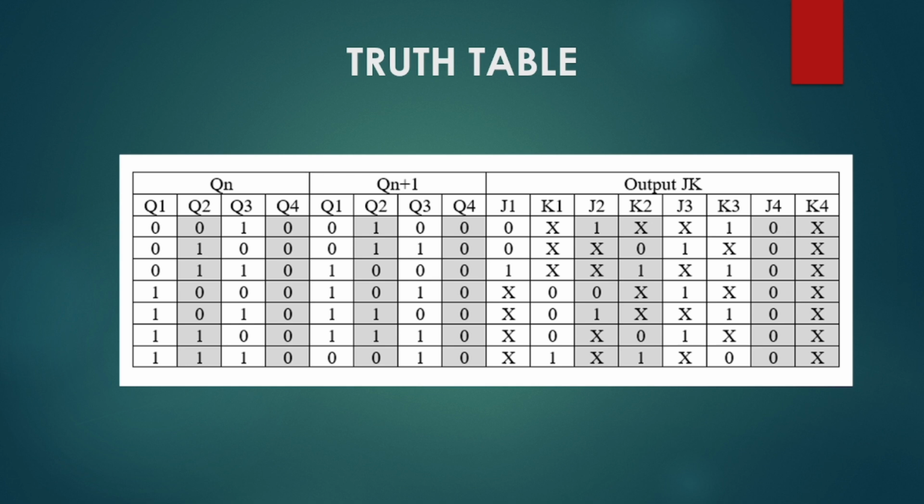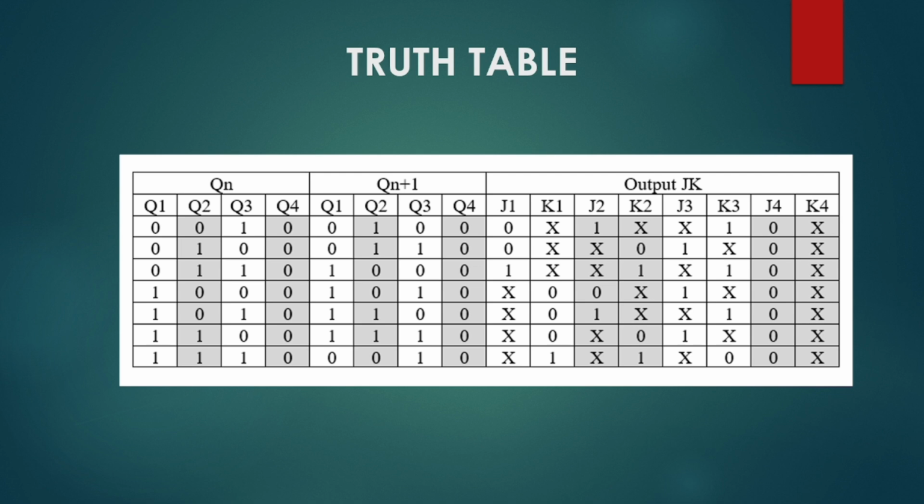On the sixth state, Qn will be 1100, Qn plus 1 will be 1110, and the output for JK1 will be X0, JK2 will be X0, JK3 1X, and JK4 0X.